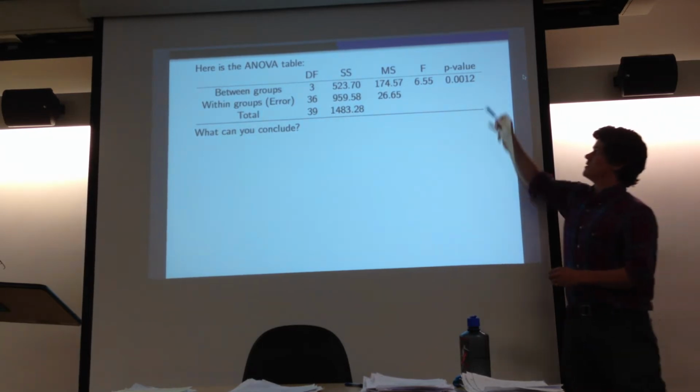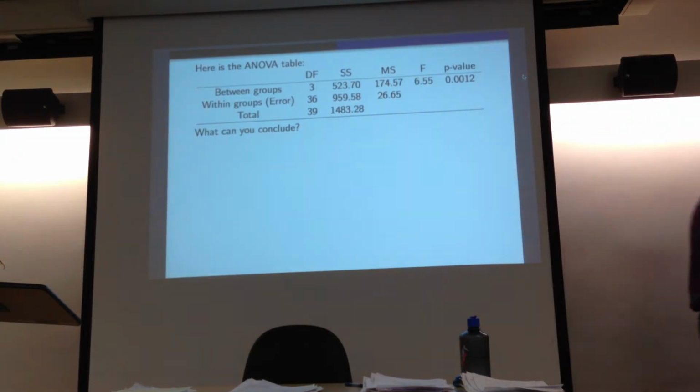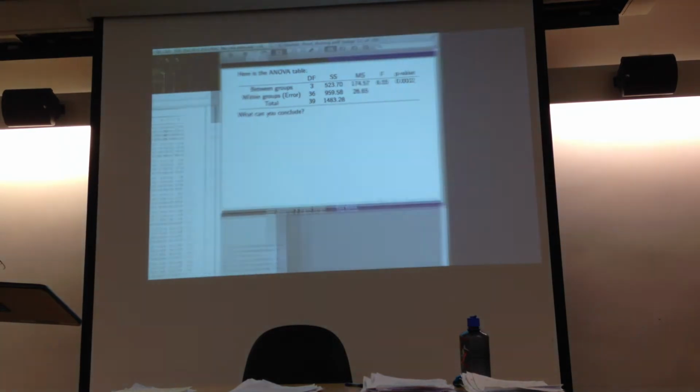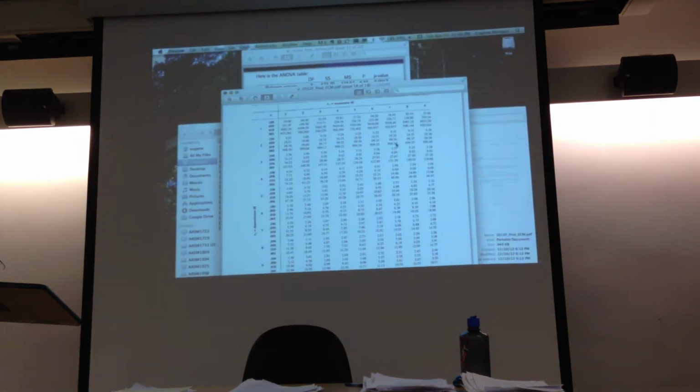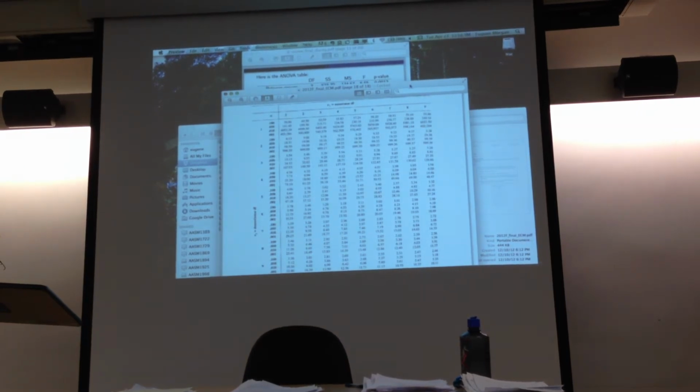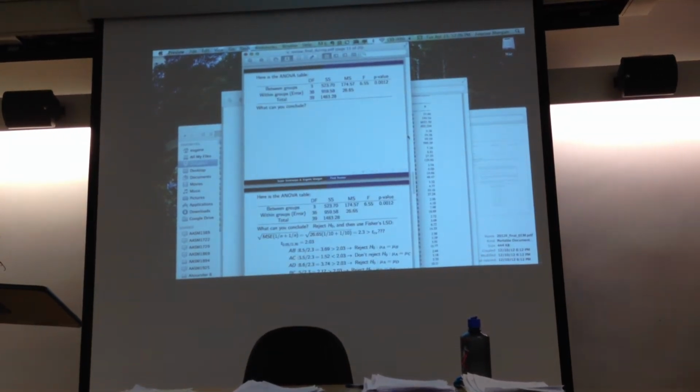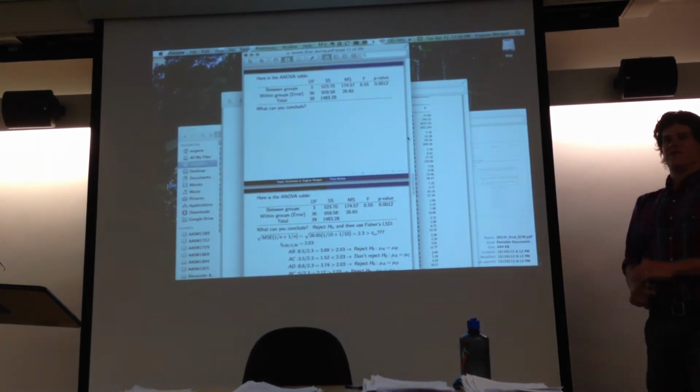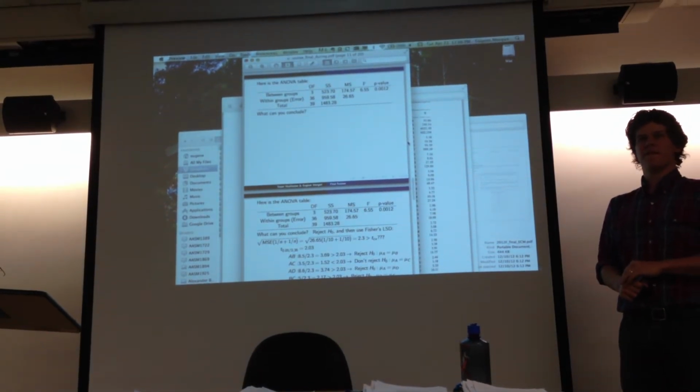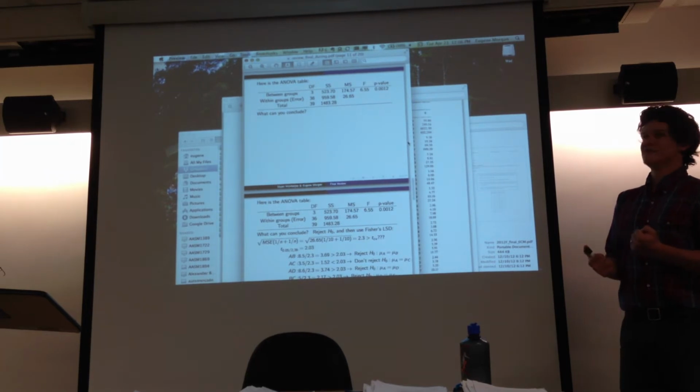And again, same thing on getting this p-value. We can look at the F table. So what's going to be our numerator for the F value here? 3, and our denominator, 36.